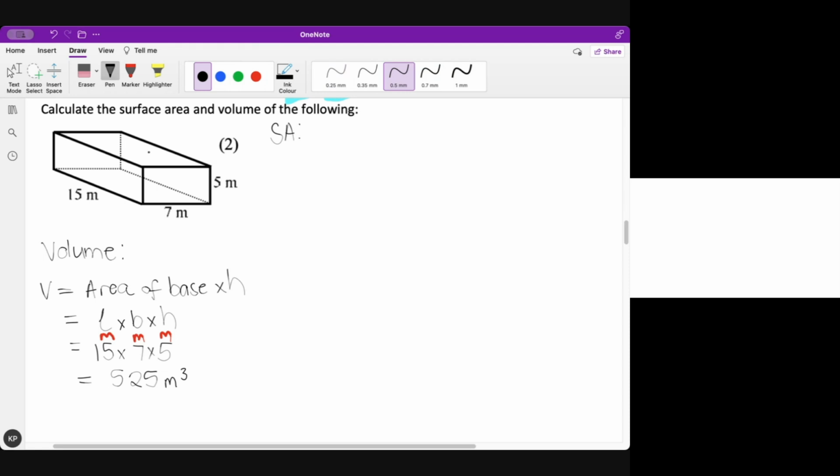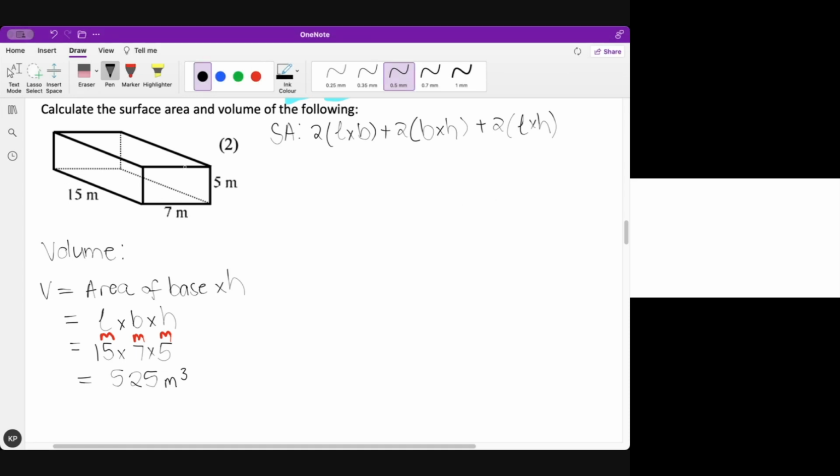We know the surface area of a rectangular prism is 2 times length times breadth plus 2 times breadth times height plus 2 times length times height. Now, if you forget this whole thing that I am doing here in a test and you just blank out, just make sure you don't repeat sides.